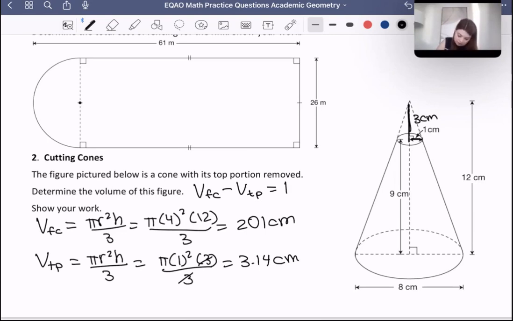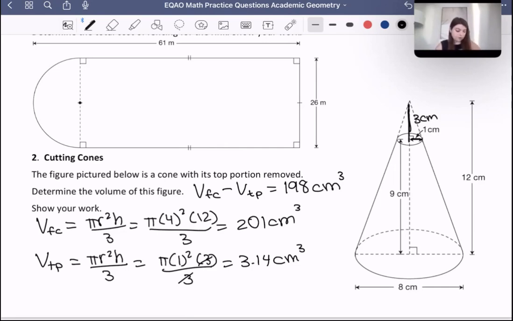So approximately 198 if we are rounding to the nearest centimeter. So 198 centimeters. Oh, and I should be putting cubes here. My apologies for not doing so earlier, because these are all cubic centimeters because we're calculating volumes here. Very good.